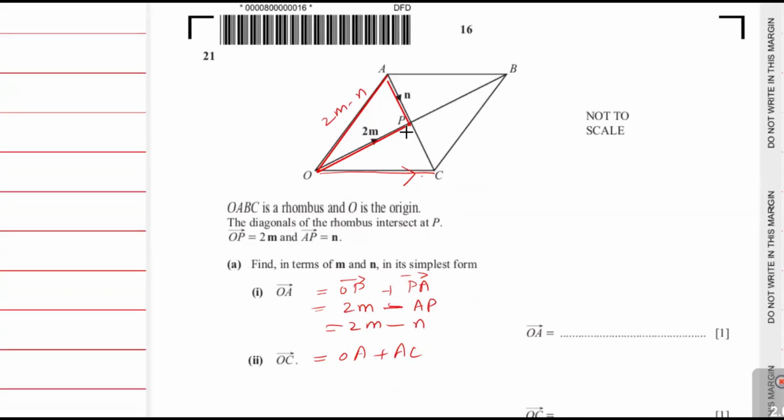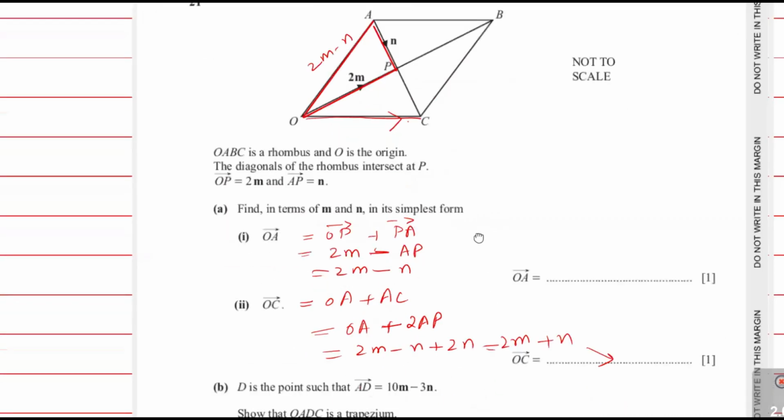Therefore, P is the midpoint, and we can write AC equal to 2 times AP. OA here is 2m minus n, and AP here is n, so we write 2n, and this equals 2m minus n plus 2n. This equals 2m plus n. This is the answer for OC.